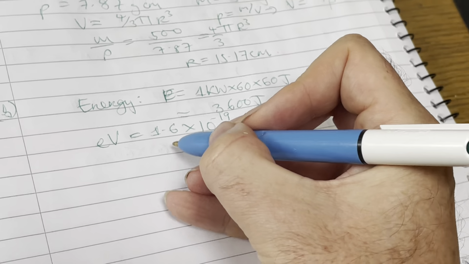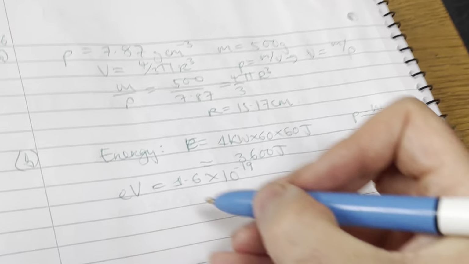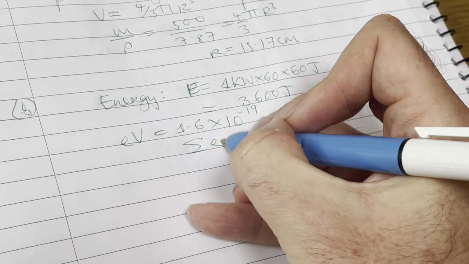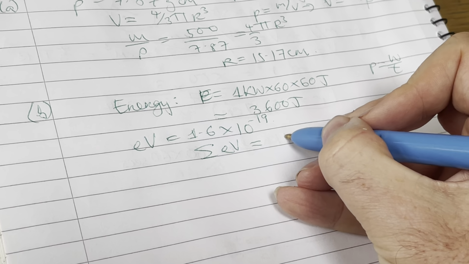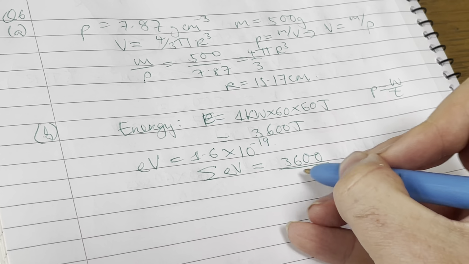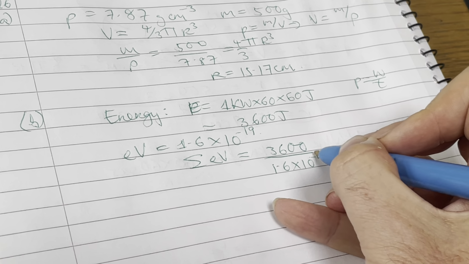So there's going to be a lot of electron volts in that. So how many electron volts? The number of electron volts will be equal to the energy over the energy in 1 electron volt, which is going to be pretty massive.